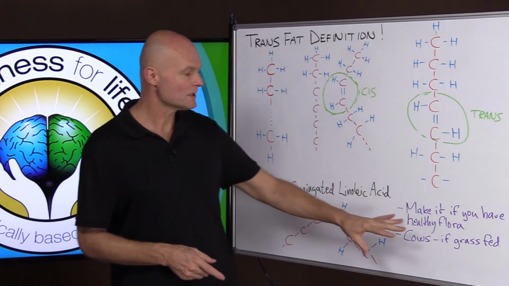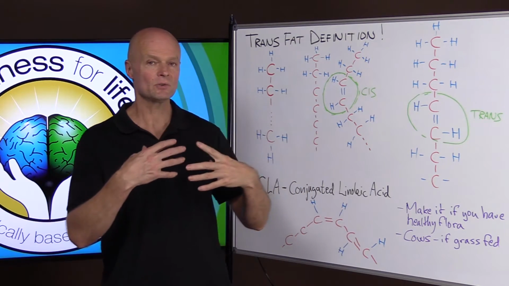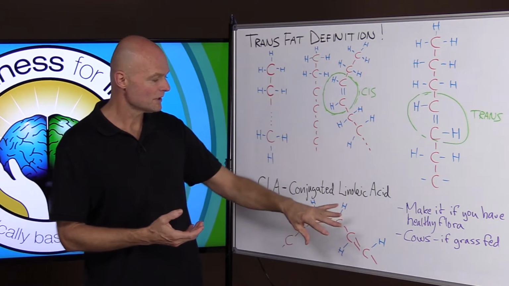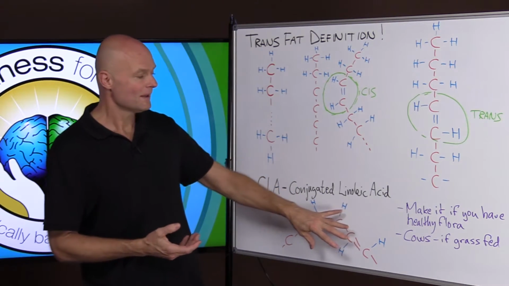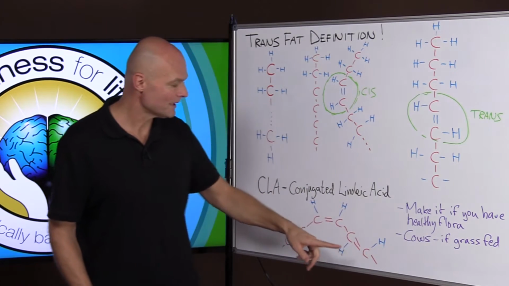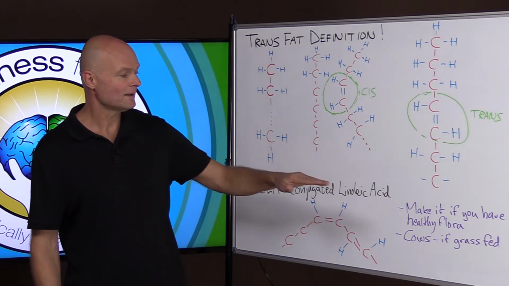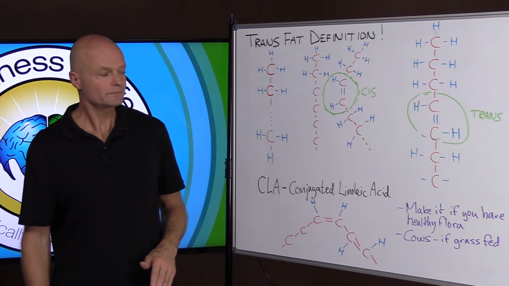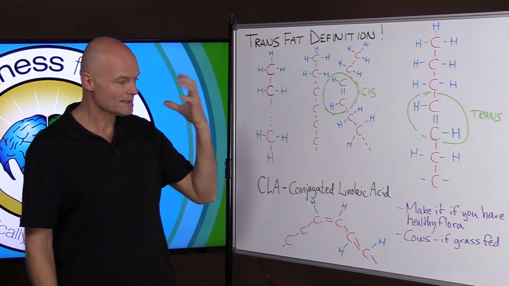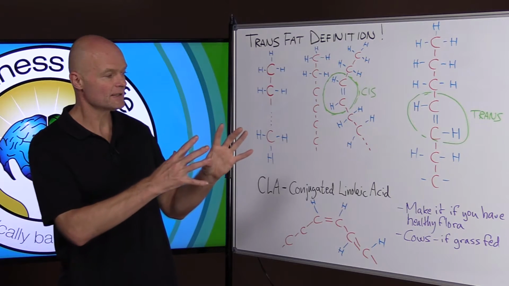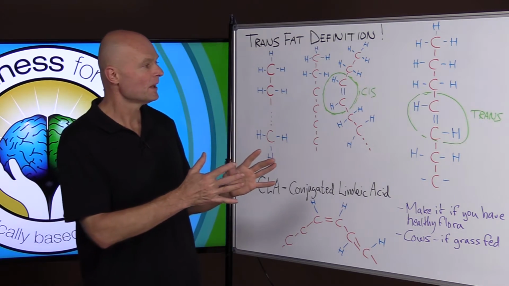Because if the cows are healthy, if they eat a natural diet, then they produce this healthy thing. So a grass-fed cow will make up to 5 times more CLA than a corn-fed cow. Once again, it's fascinating to me how well nature has all of this stuff figured out.